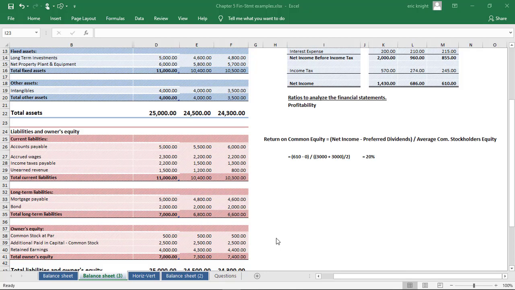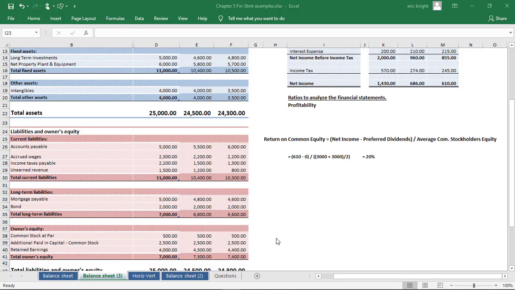We're going to take the average of the 2 years because a balance sheet is a single point in time, and an income statement is a whole year of time. So we want to make those similar, and to make them similar, we average the entire year for the balance sheet to give us a similar idea.